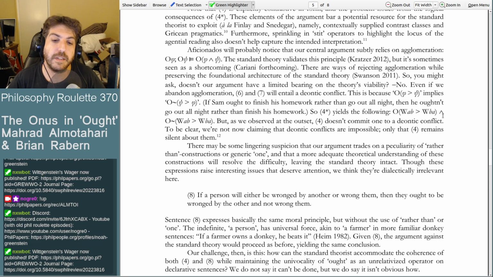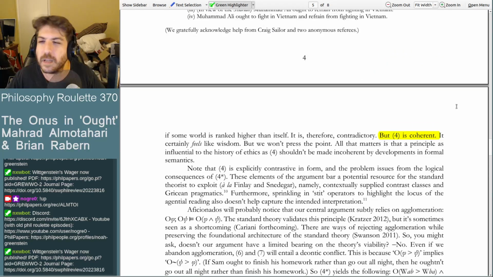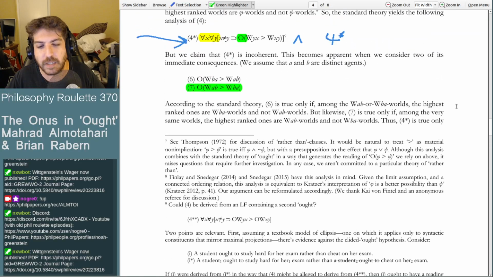Okay, but as they observed at the outset, 4 doesn't commit one to a deontic conflict. To be clear, we're not now claiming that deontic conflicts are impossible, only that 4 remains silent about them. Alright, yeah, they're saying 4 is fine, it's just how it's formalized. But again, I think they messed up in using universal quantifiers there, because they need an existential for actual people. But I wonder if that's really right, or am I wrong about this?